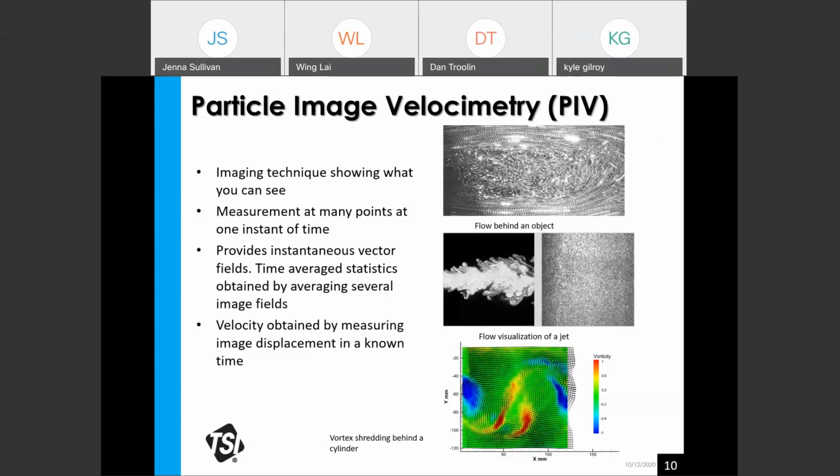One thing I'd like to mention before I go on to describe the technique is that since this is an imaging technique, it does require some so-called seed particles to be introduced to the flow field. The seed particles have to have the same density as the fluid so that they can really represent the flow field correctly. That is a different topic that we can talk about. But again, the seed particles need to be introduced to the flow field so that we can really follow the flow.